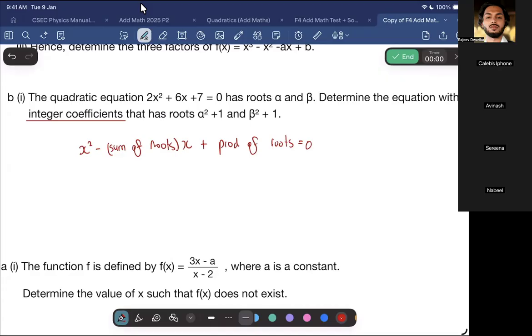Is there any other way I could write that so I could actually substitute alpha plus beta and alpha beta? Alpha plus beta squared minus 2 alpha beta. Right, so that is what alpha squared plus beta squared is. So you're supposed to write that down, and replace alpha squared plus beta squared with that.